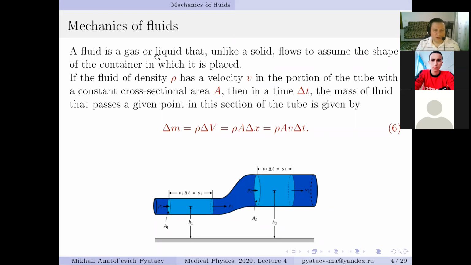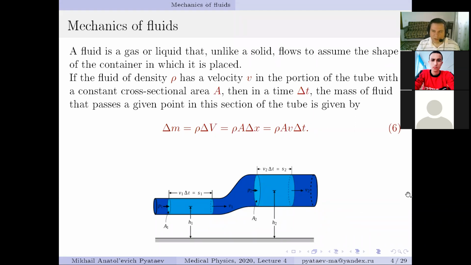Well, let us discuss the main equations of this branch of physics. We will discuss some simple task.